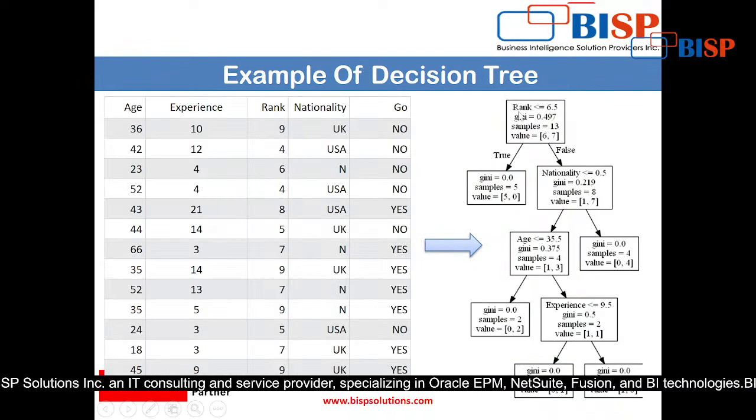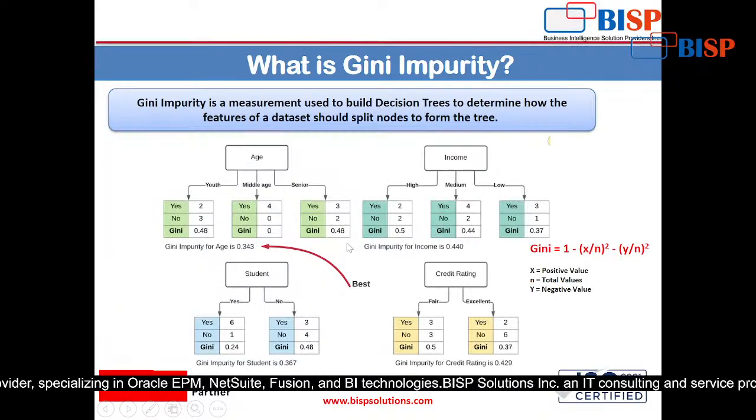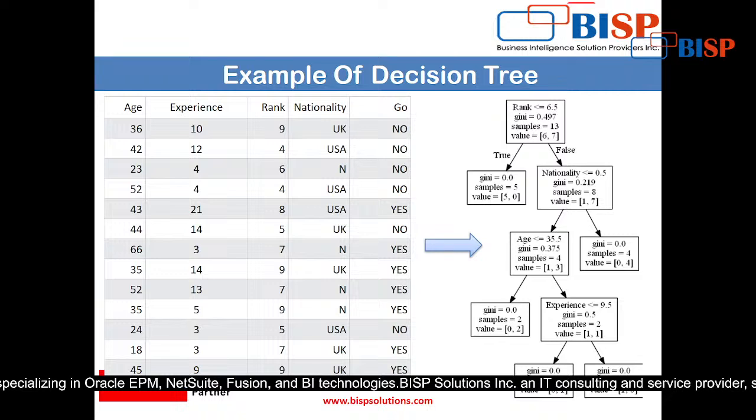Now an example of a decision tree, let me show you one example. Age 36, experience, rank, nationality and go, right? Here is an example taken. Now see here, how many are no and yes, based on the ranking, nationality, experience, for example age.